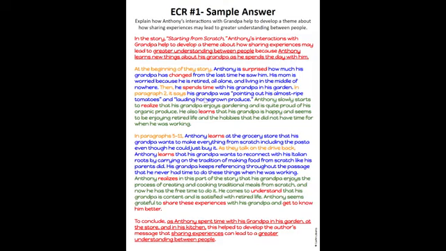But what I did is I went ahead and found the evidence. I really gave examples of what Anthony learned by spending time with his grandpa. And then in my green, which is the explain, I explained how he starts to realize that his grandpa enjoys gardening.